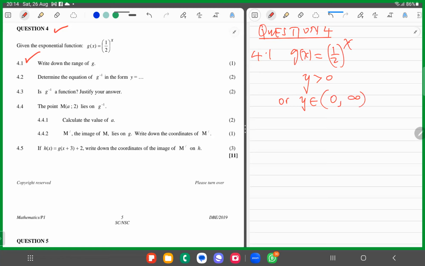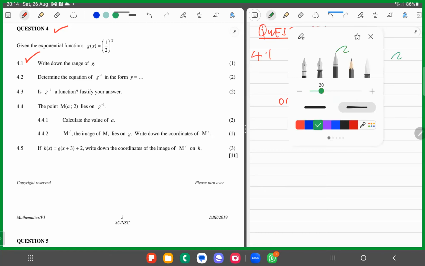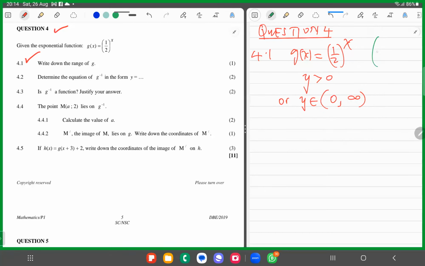This is the exponential function of the required form, any form y equals a to the power x. It will have the range y strictly greater than 0, the open interval with round brackets, and therefore that is our range.